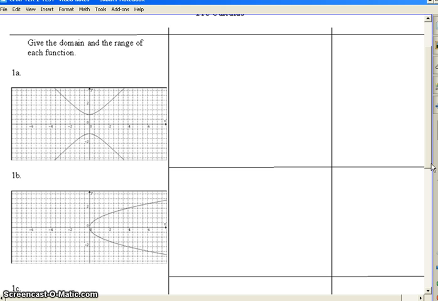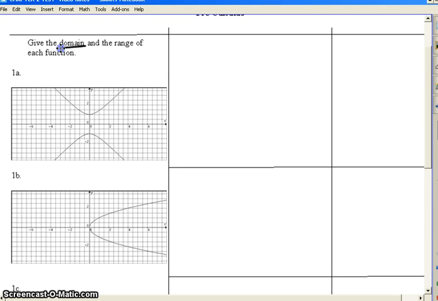Okay, looking at number 1, the domain: just look at your x-axis and see if you can trace every number on the x-axis back to the graph. There isn't one value for x that's not traceable back to the graph.